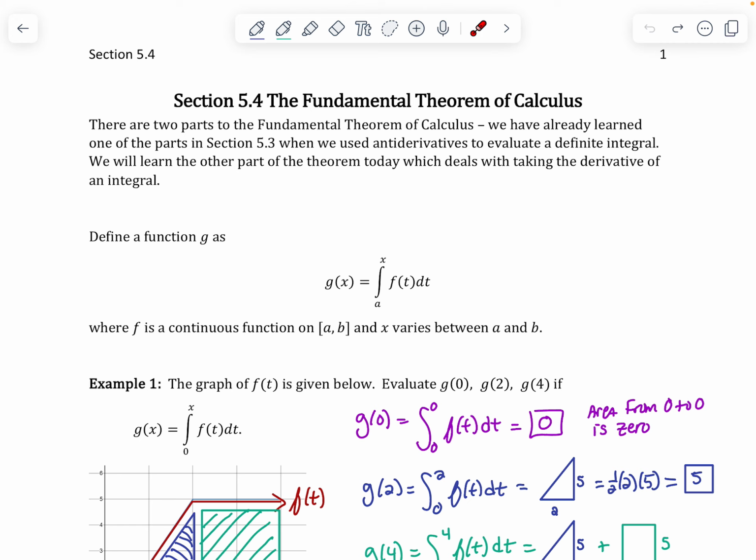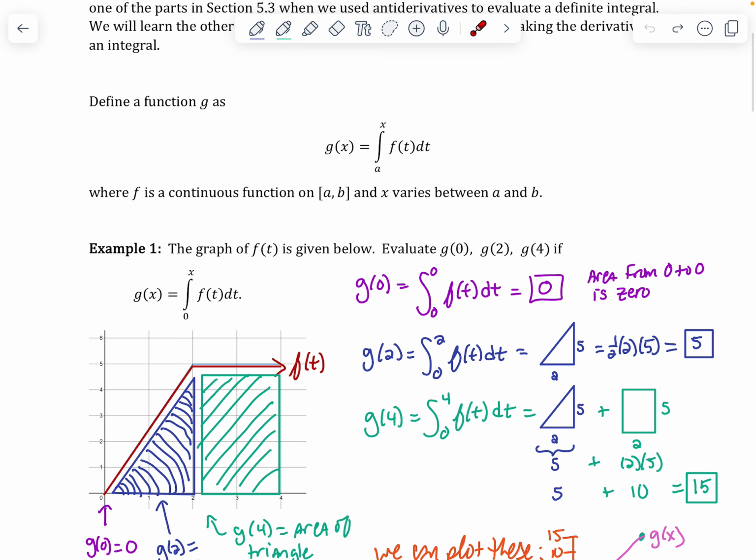And the interesting part is this deals with a derivative instead of an antiderivative of an integral. So we're still going to define an integral to look like the thing I just circled, but we're going to specifically define a different function g of x. Our integral is going to be of some function f of t, where t is the input, the variable we would be integrating over, from a to x.